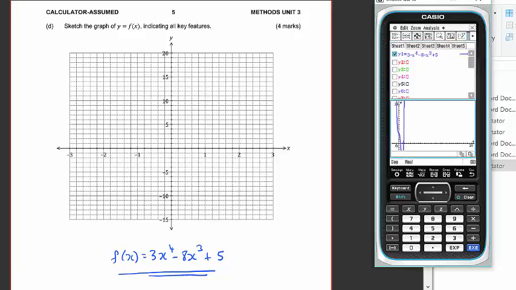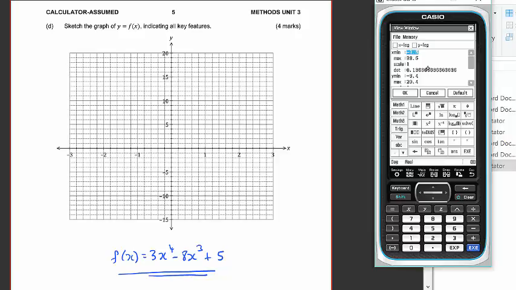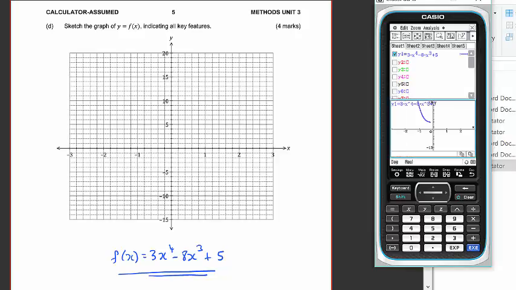And we're obviously going to need to change the window a bit, so let's use what they've got here. So they've got negative 3 to 3 for the x's, and for the y's we've got negative 15 up to 20. So hopefully that will give us a reasonable picture, and here we go.